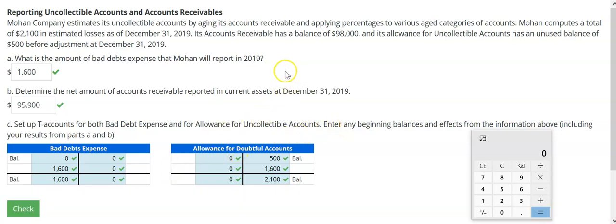And again, we do have another video out where we actually go through and calculate the estimate of loss based upon current accounts receivable that's over 30 days and so forth. So you might check out that video as well for a little bit more detail.